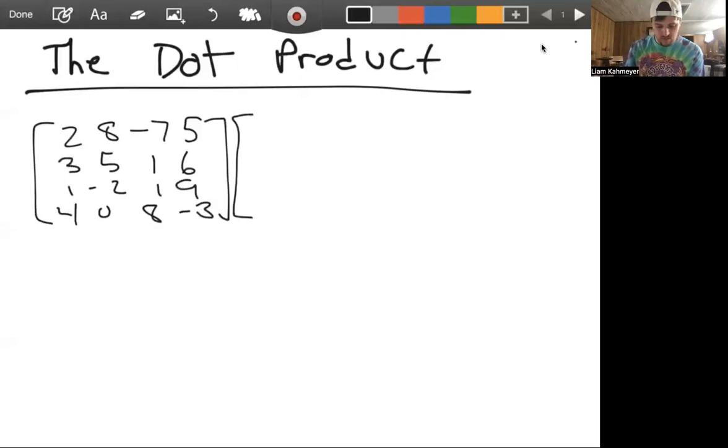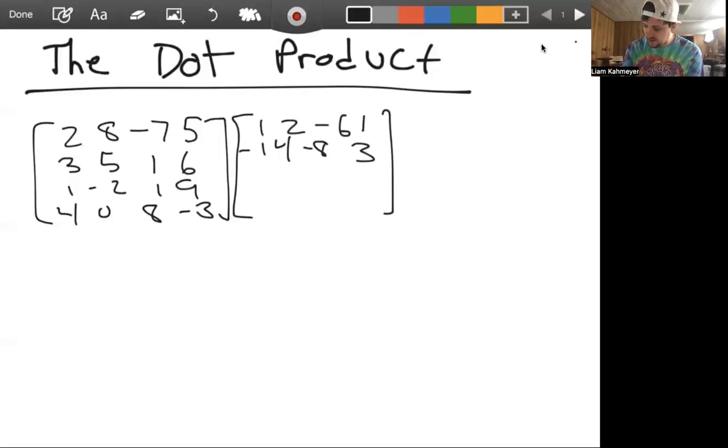I should have made these a smaller matrix for the example, but the second matrix is going to be 1, 2, -6, 1, -1, 4, -8, 3. Sorry, it's kind of sloppy in there. I hope you can tell what entry goes where. 5, 0, 0, 5, and then 7, 9, 3, 2. Okay, and we want to multiply these matrices together.